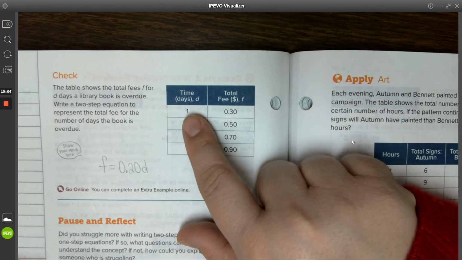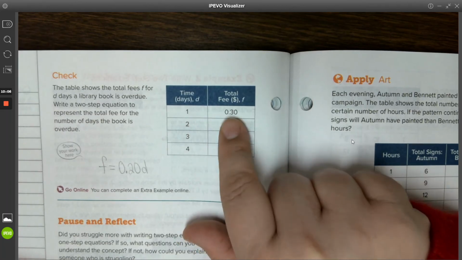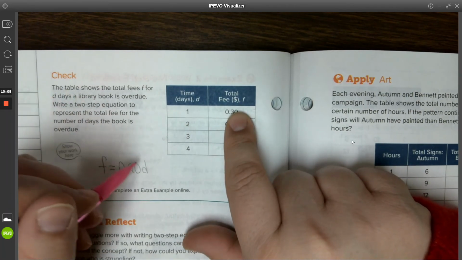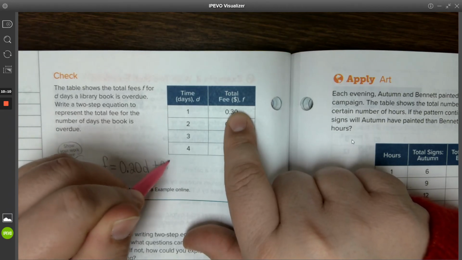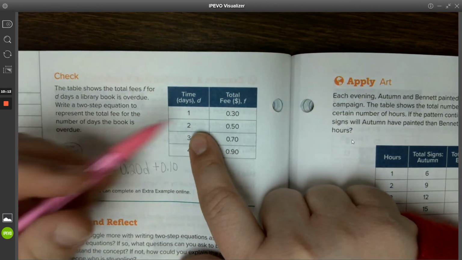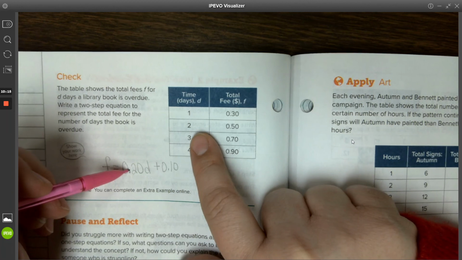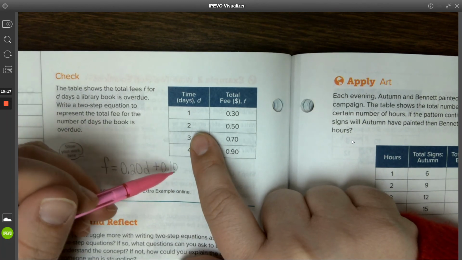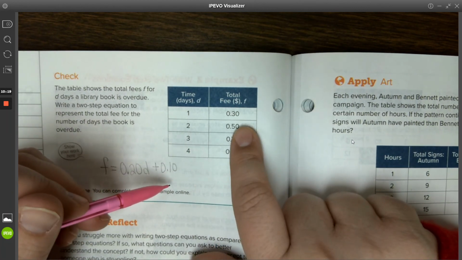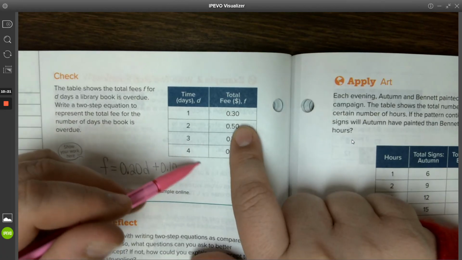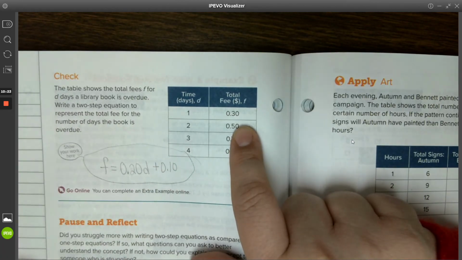And then we say, well, 1 times 20 cents is only 20 cents, and we need to go 10 cents more. So we would add 10 cents. Let's see if it works here. 2 times 20 cents is 40 cents plus, oh, we have to add 10. Would that equal 50? Yes. So this would be the equation we would write for this situation.